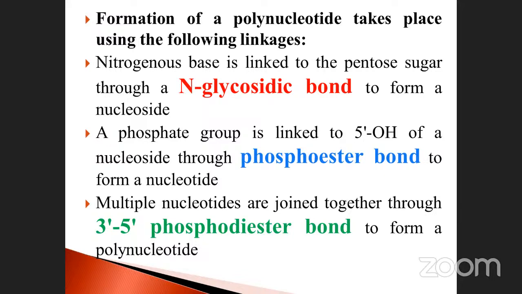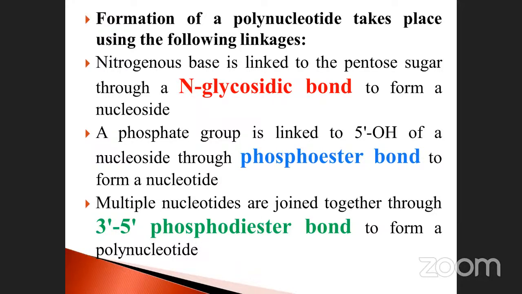So, through an N-glycosidic bond, a nucleoside is formed. The nitrogen base and sugar molecule are joined together with the help of the bond called the N-glycosidic bond. As a result, you will get a nucleoside. Here there is no phosphate.